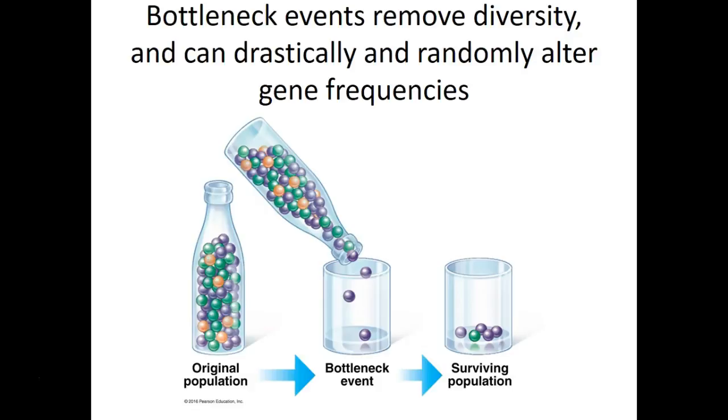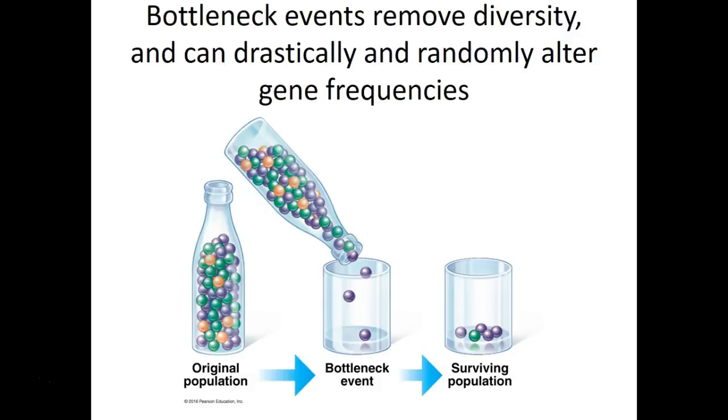Effectively, a bottleneck event is where the population is grossly reduced. And the reason the frequency is lost is because that's what happens. This is like genetic drift in a single generation on steroids, yeah? If the population stays small, the frequency of the little green guys is also likely to disappear, and we are likely to completely lose diversity in this population.